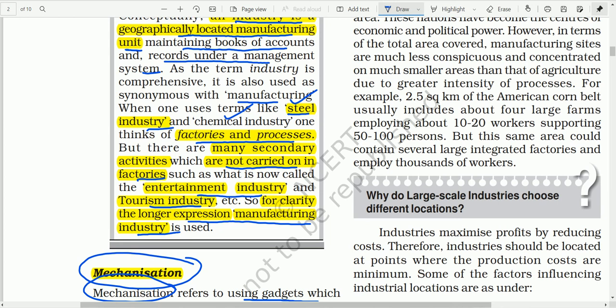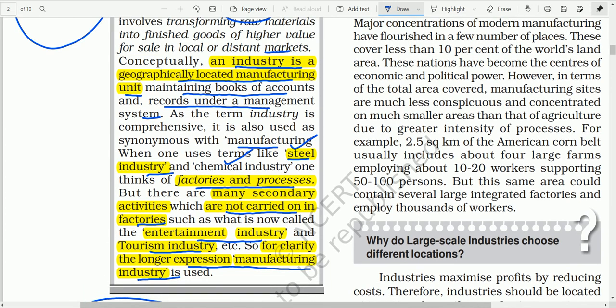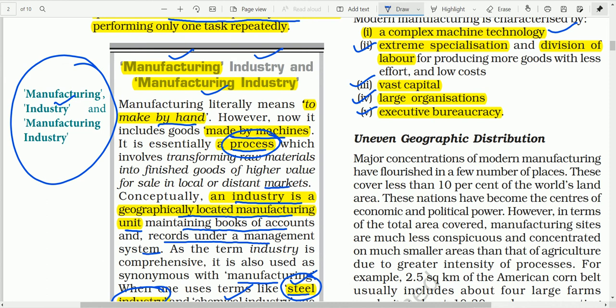All these involve a manufacturing process, and that is why, for clarity, the longer expression manufacturing industry is used for such types of industries. So these are the differences between manufacturing, industry and manufacturing industry. Remember, different types of industries are there. Some of the industries are performed in a particular unit, in a building.